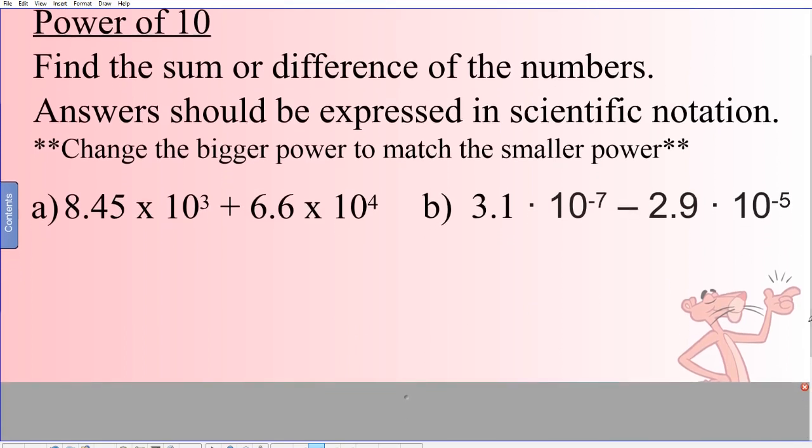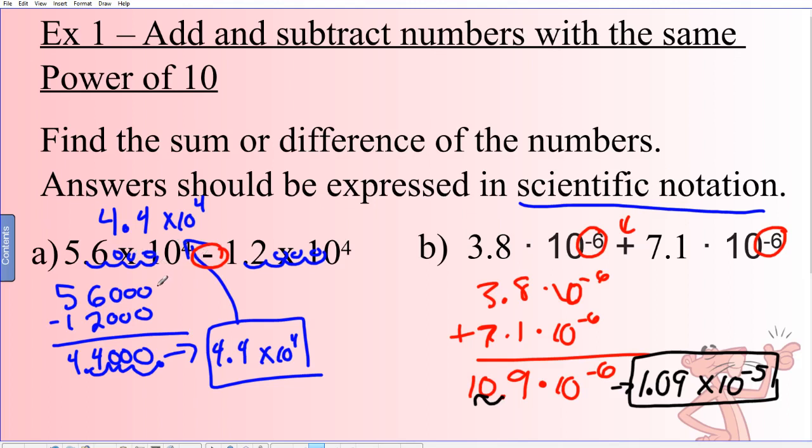And I'll be honest with you, here, you might find it easier to change everything into standard form. Remember in the last problems, I showed that one example, it was a pain to change this one into standard form, change this one into standard form, set them up, subtract them, then change them back into scientific notation. Because when they have the same power of 10, it's like a little shortcut.